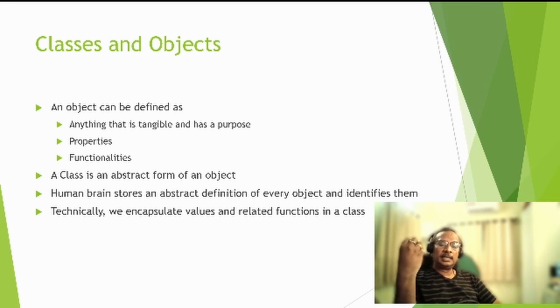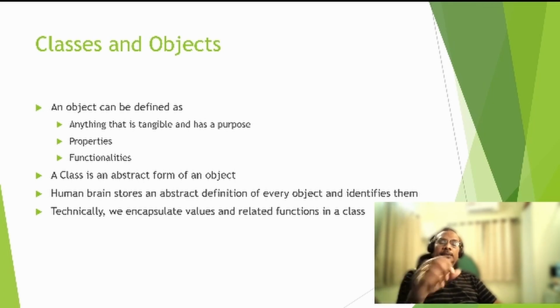Technically, when we write a class, we encapsulate the values, or values is basically the properties. For example, for a car, four wheels, steering, engine, seats are all values, right? So these are properties.